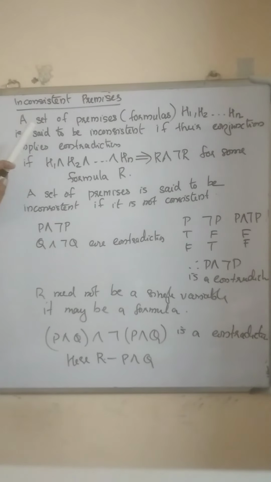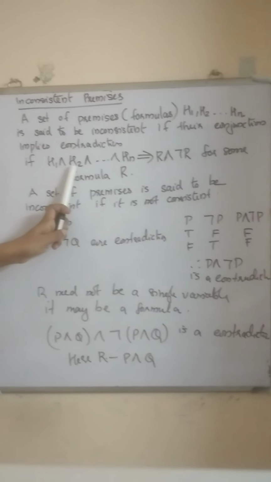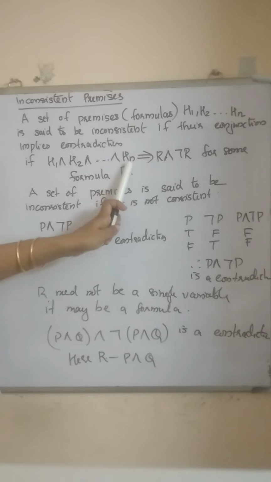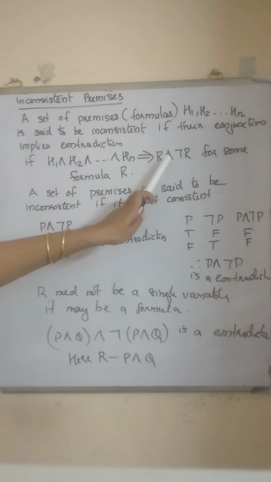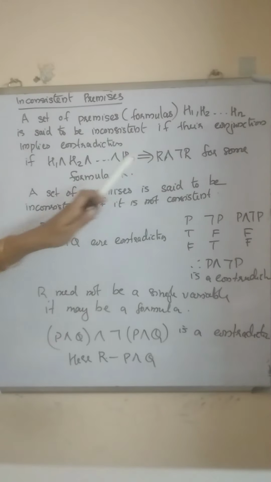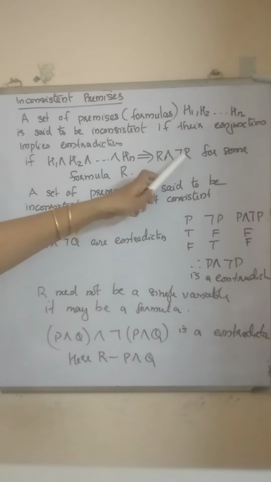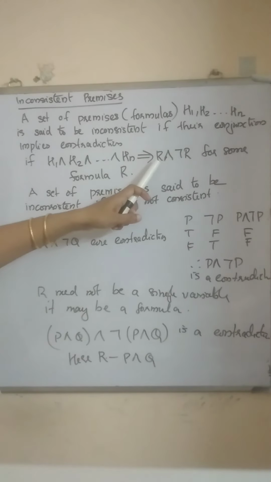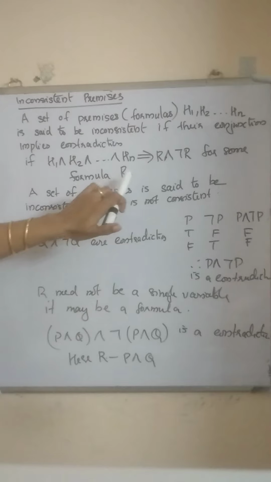Contradiction means all the truth values are false. That is, H1 and H2 and H3, etc., and Hn implies R and negation R for some formula R. Here R and negation R is a formula; sometimes it is a variable or it is a formula.